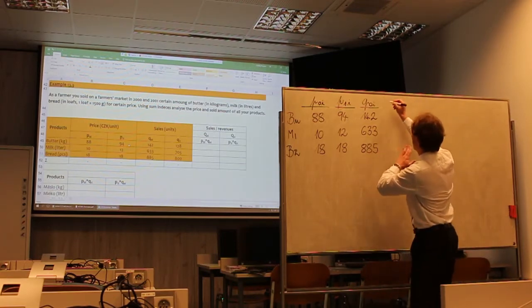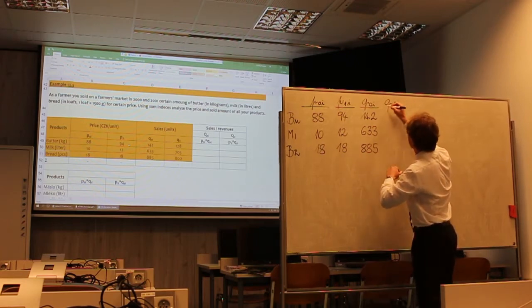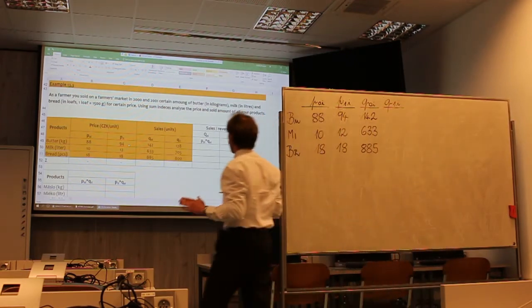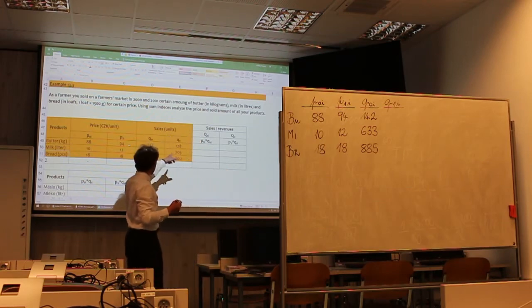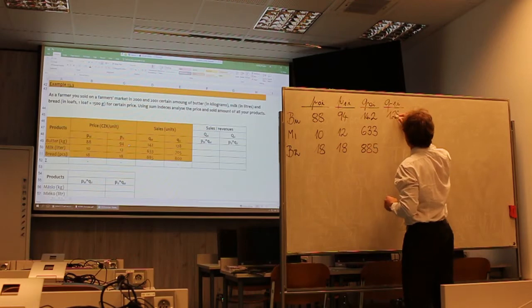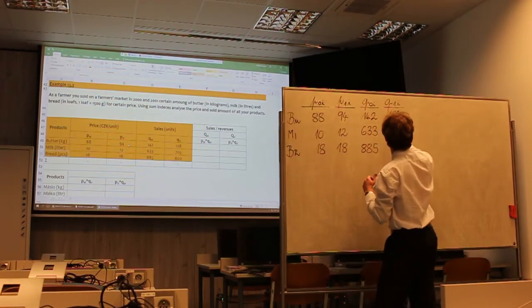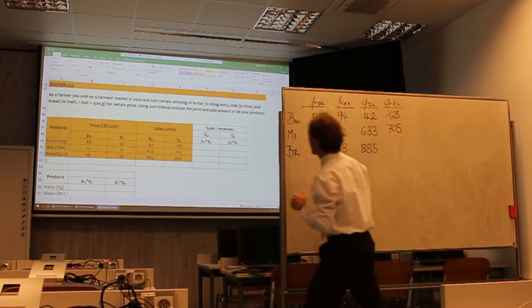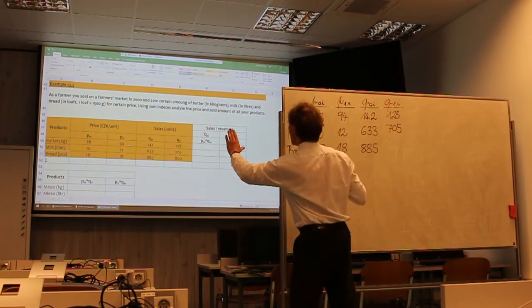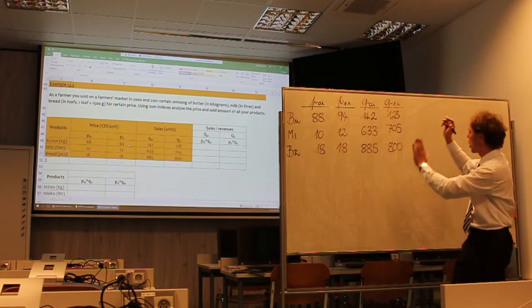And new year quantity in year 2001 of each product. Sales 128 kilograms of butter, 705 liters of milk, and 800 loaves of bread.